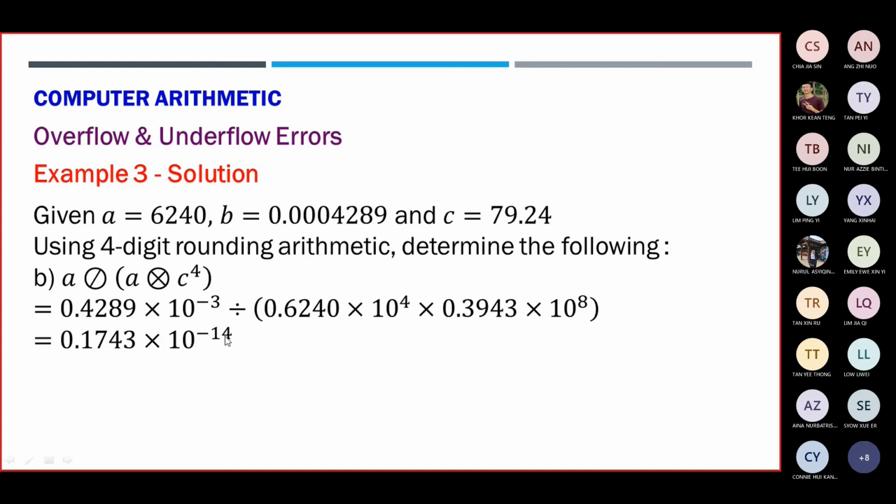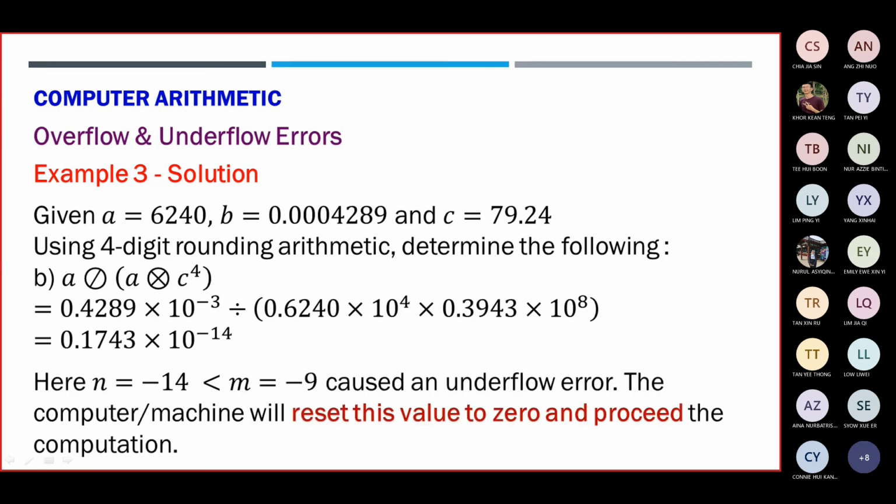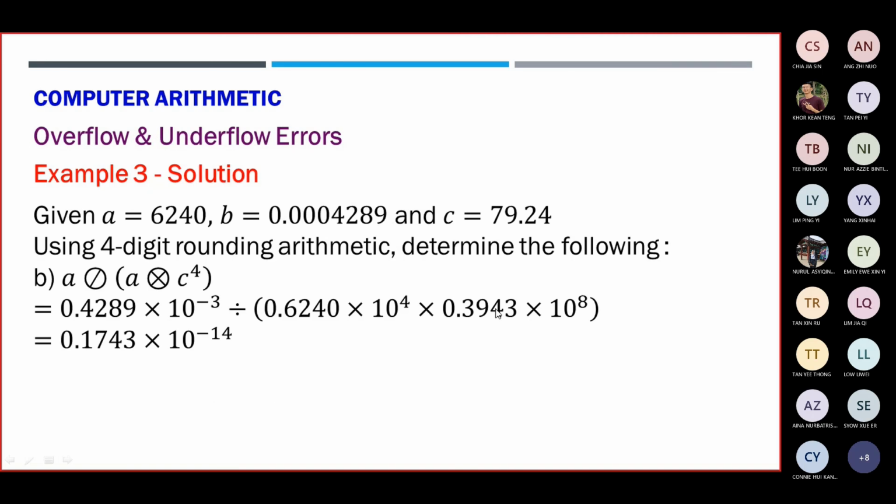Okay, Priscilla Raj. Yes, doctor. Priscilla, can you tell me what you can conclude based on these statements? The index value n is lesser than the value m, so it is underflow error.